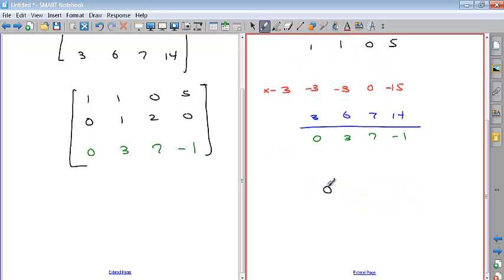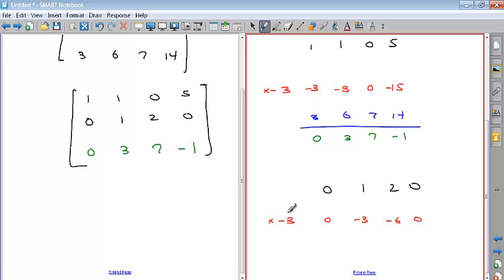We're going to write that down, 0, 1, 2, 0, and we're going to multiply it by negative 3, because negative 3 plus 3 is 0. That gives you 0, negative 3, negative 6, 0. So each one of these multiplied by negative 3.